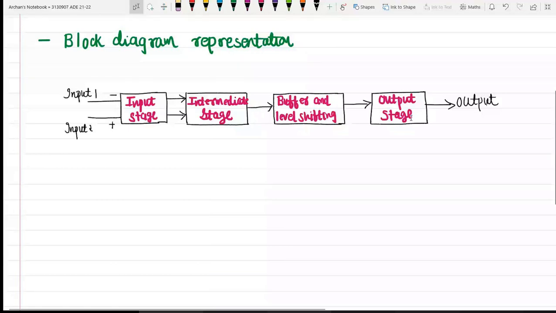So this stage increases the output voltage swing and keeps the voltage swing symmetrical with respect to ground. Okay, the stage raises the current supplying capability of the operational amplifier. Okay, so this is what happens in this internal block.